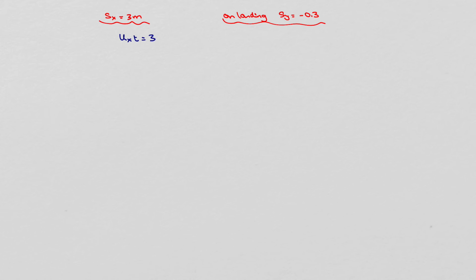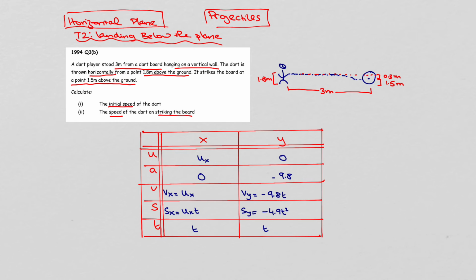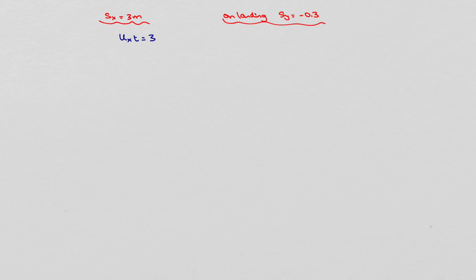But we know that S of Y is equal to minus 4.9t squared. So therefore we have minus 4.9t squared is equal to minus 0.3. That means that t squared is equal to 3 over 49, and therefore t must be equal to the square root of 3 divided by 7.